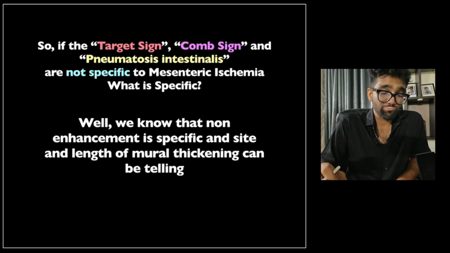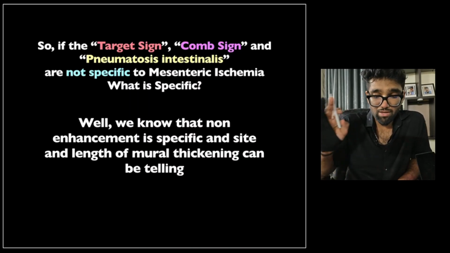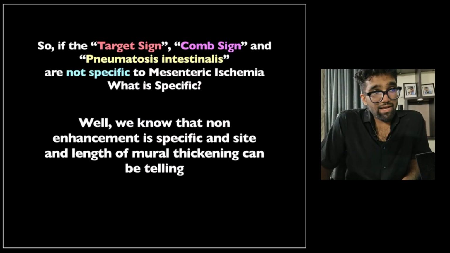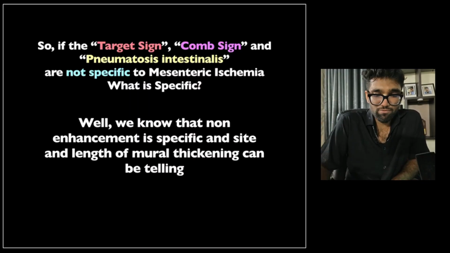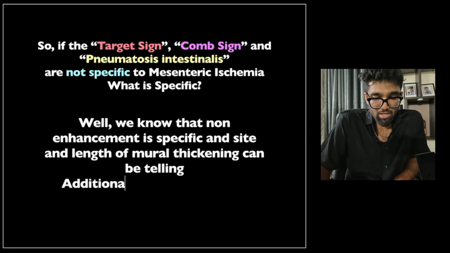So that is definitely due to hypoperfusion of that bowel segment, which means it is mesenteric ischemia. Now, again, I said the length and distribution of mural thickening is also telling, although it is not specific, it can increase the likelihood of inflammation versus intestinal ischemia.